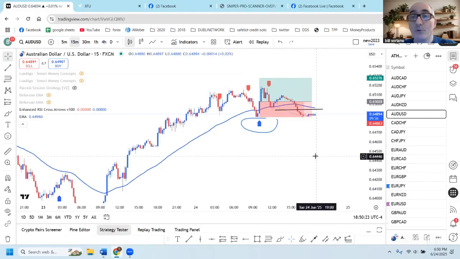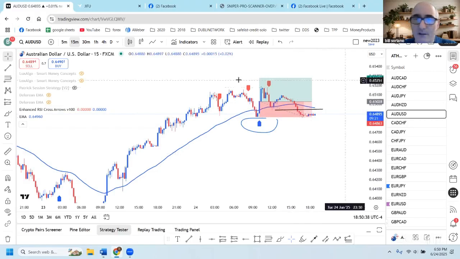They're not actually Bollinger Bands, guys. I keep saying that. They call them volatility bands because it's a specific indicator created for the scanner. So you can't duplicate it on TradingView by using Bollinger Bands.